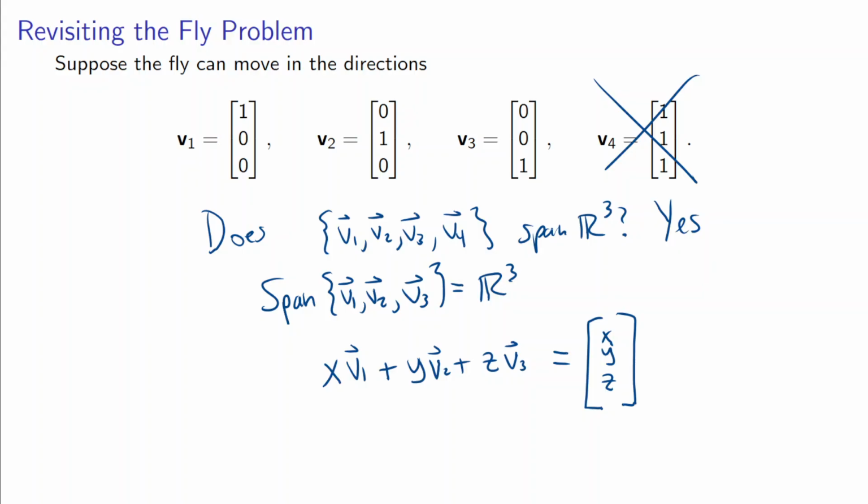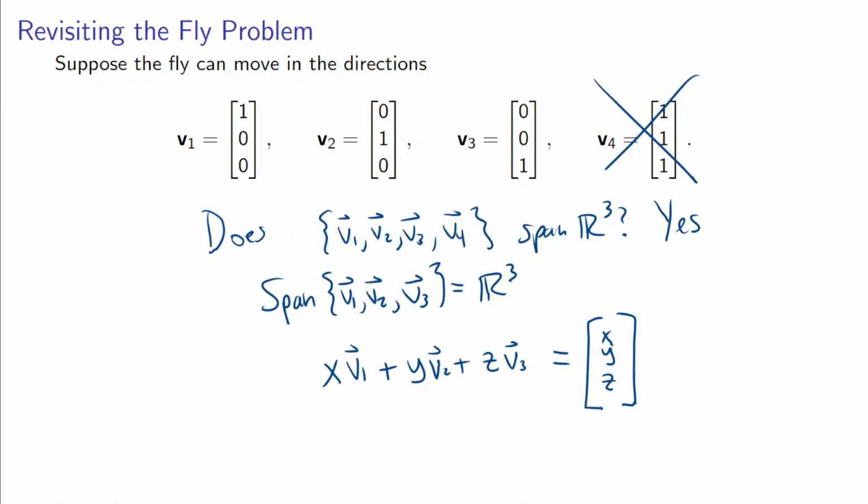It's hopefully not too hard to see that we do not need v4 to span all of R3. The key here is that in the case of all four of these vectors, we have enough vectors to span all of R3. But if we drop v4 and we can still do it, it's because v4 itself can be written as a linear combination of v1, v2, and v3.